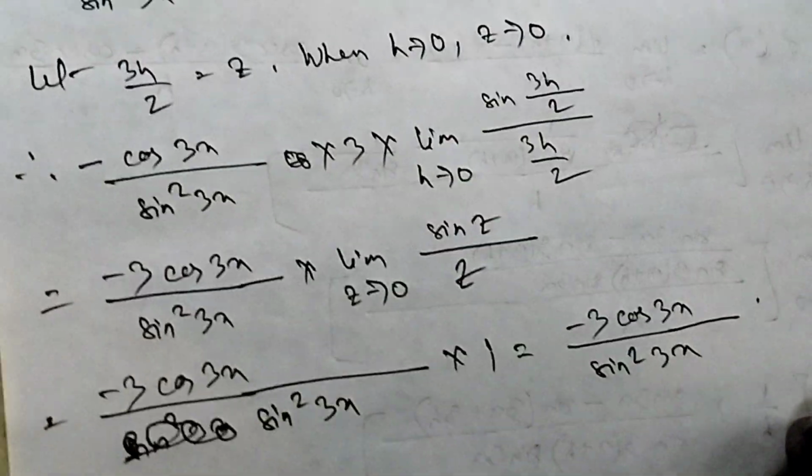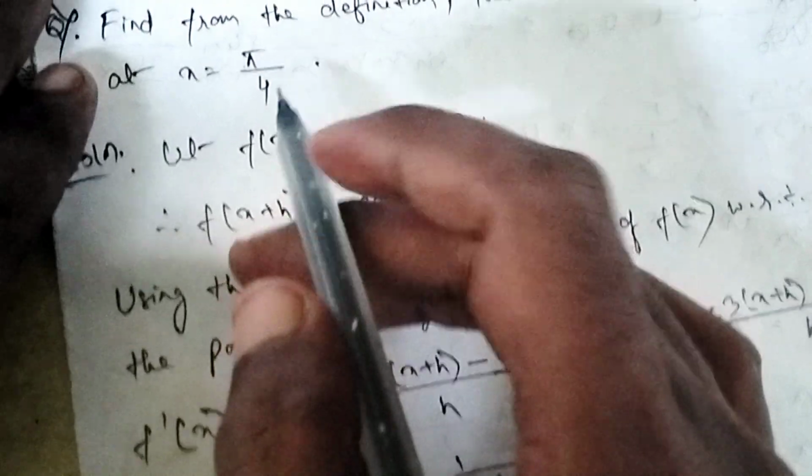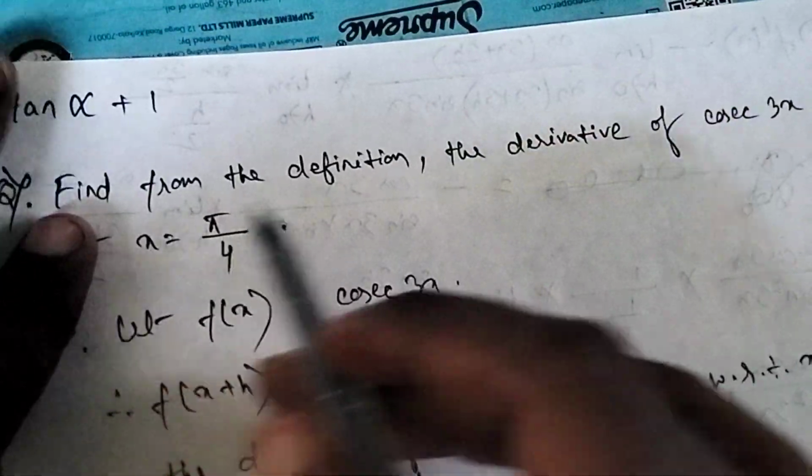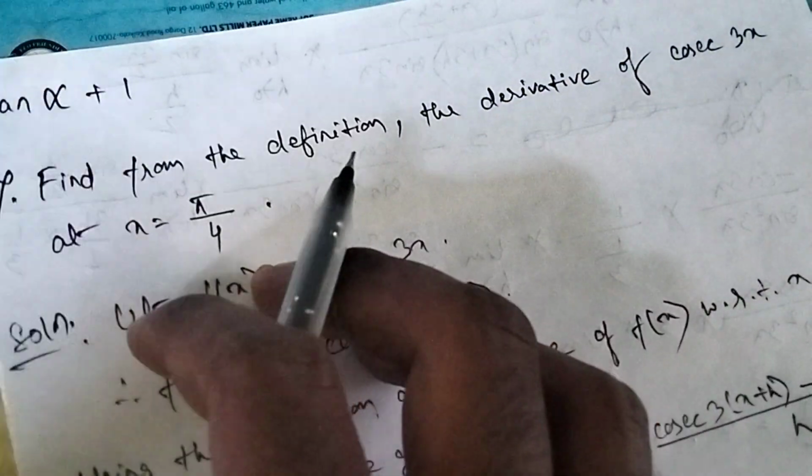This is not the final answer. The question has been given: find from the definition the derivative of cosec 3x at x is equal to pi by 4.